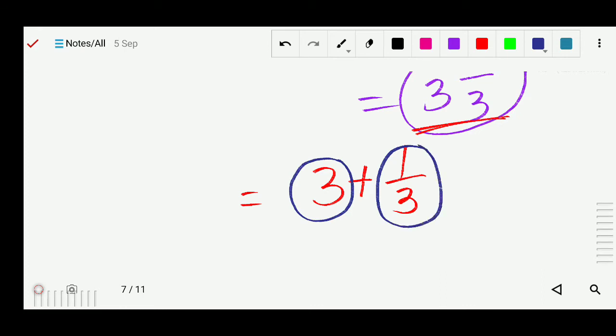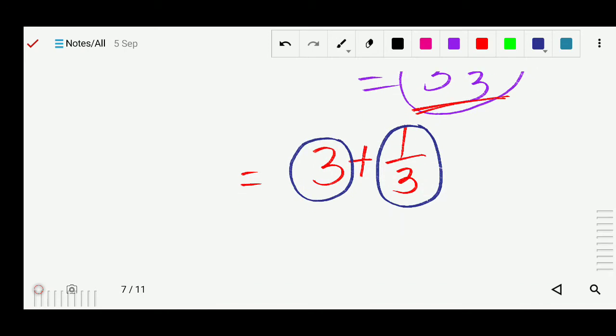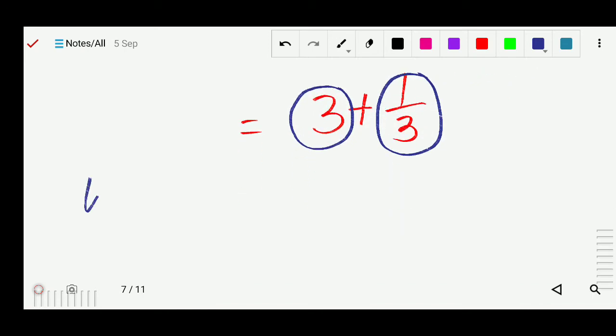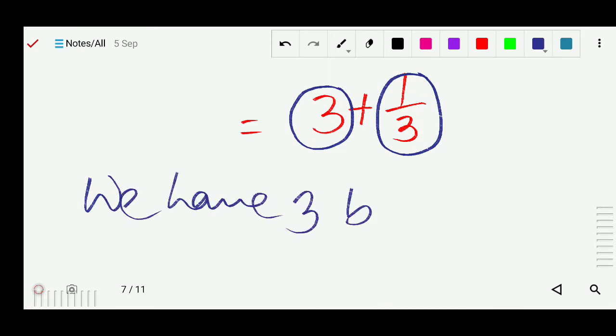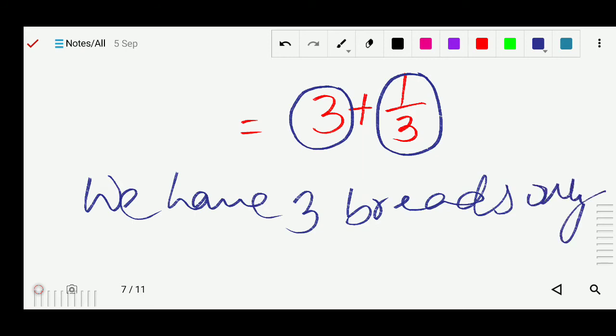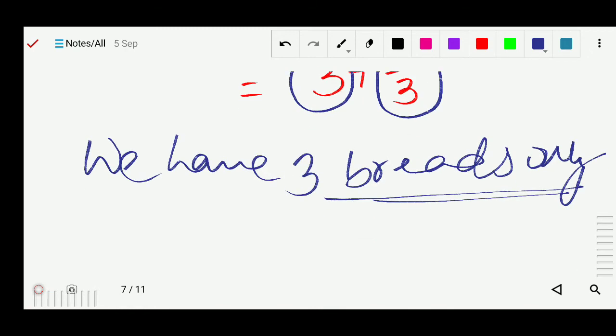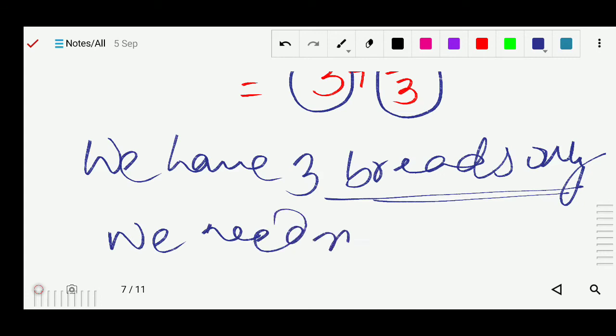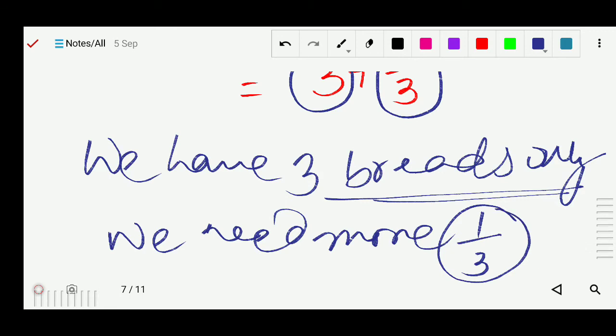But in the question, how many breads do we have? We have only 3 breads. So it means we need 1 by 3 more bread.